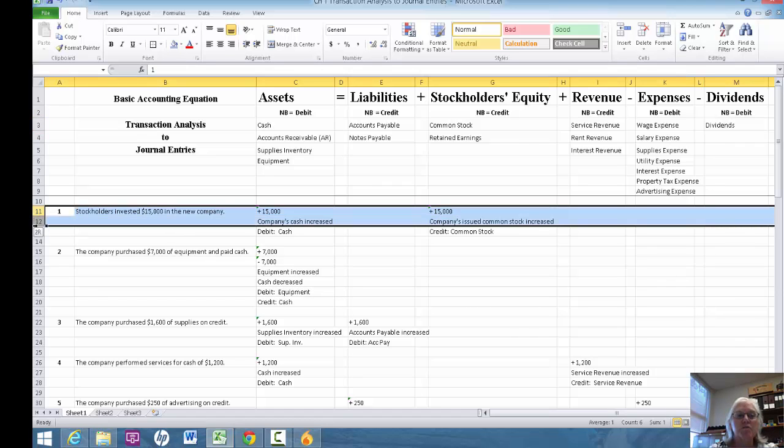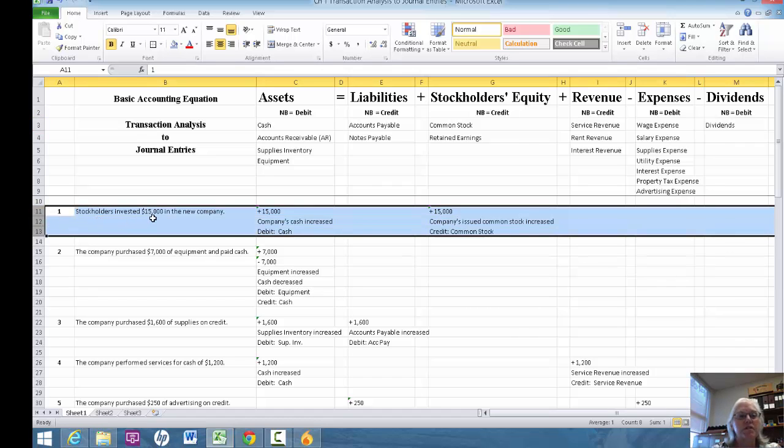So transaction number 1, the stockholders invested $15,000 in a new company. So the company received cash of $15,000. Cash is an asset, so assets increase $15,000. And the stockholders' equity, the company issued common stock, so those shares increased, and that account will increase by the same $15,000.